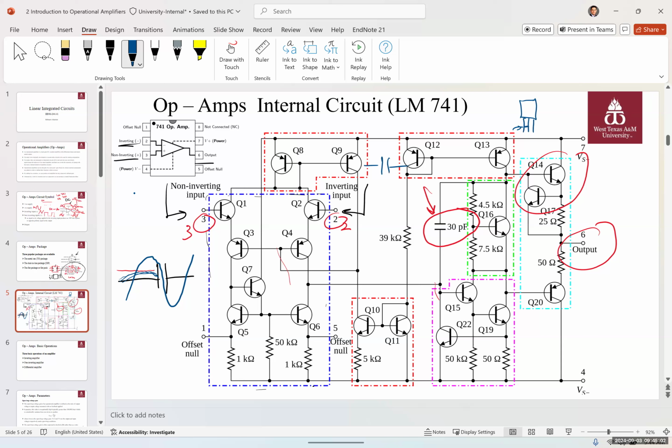And if you have extremely high frequencies, these capacitors would just become short circuits, and all of these transistors would become short circuits, and this op amp would no longer work.